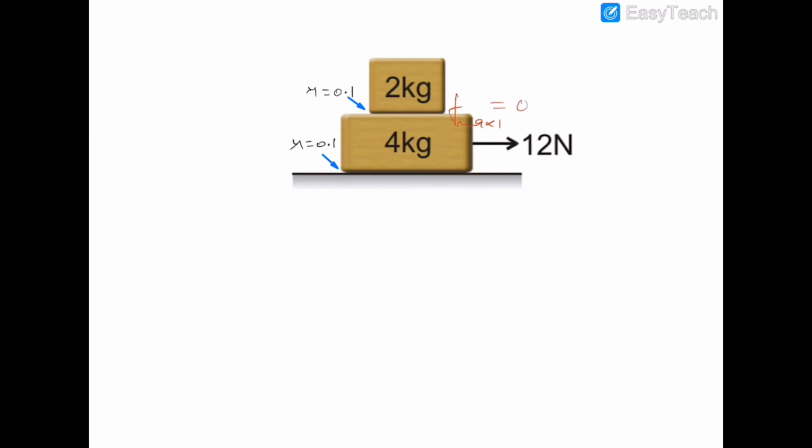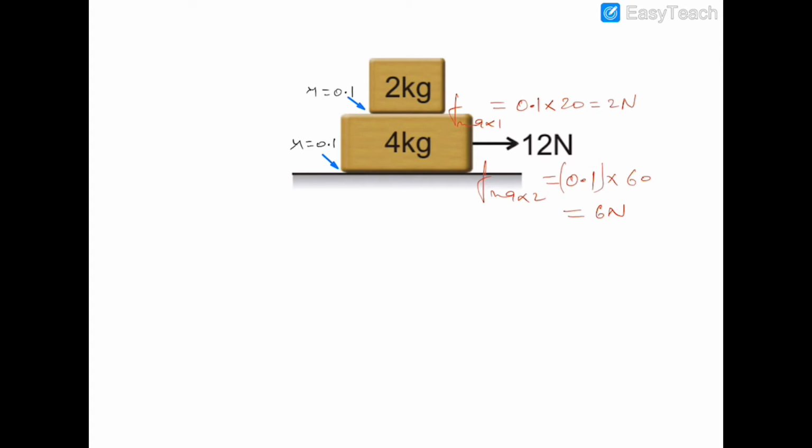Mu is 0.1, and the normal reaction at this surface will be 2g, which is 20, so this maximum friction will be 2 newtons. And the maximum friction F max 2 will be 0.1 into this normal reaction, which will be 6g, so 6g is 60, and it would be 6 newtons. Now the applied force is 12 newton.